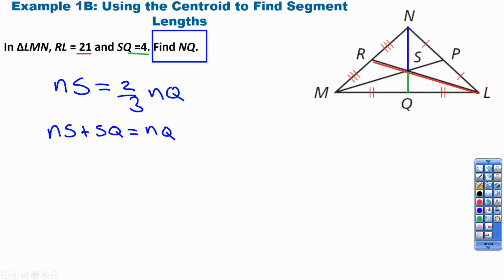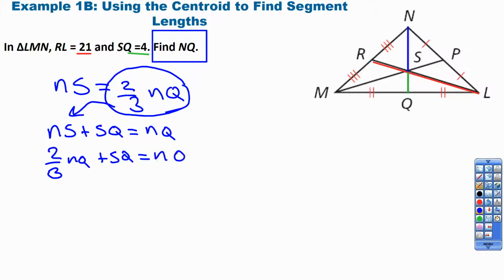So if that's the case, let's work this out. If NS is equal to 2/3 NQ, let's plug that in right here. We have 2/3 NQ plus SQ is equal to NQ.